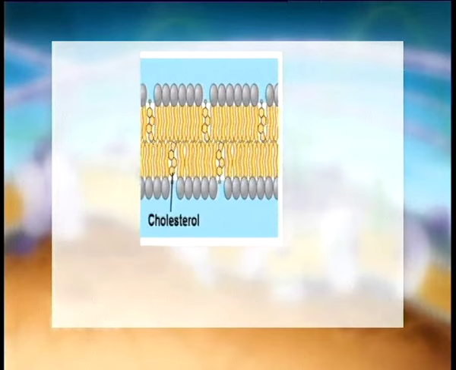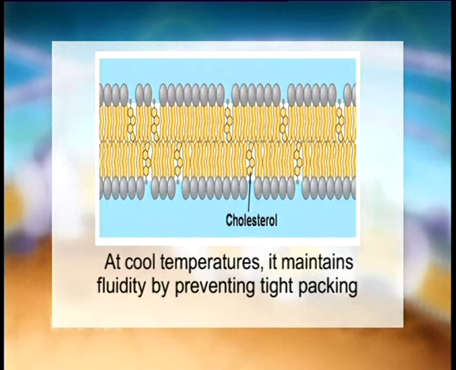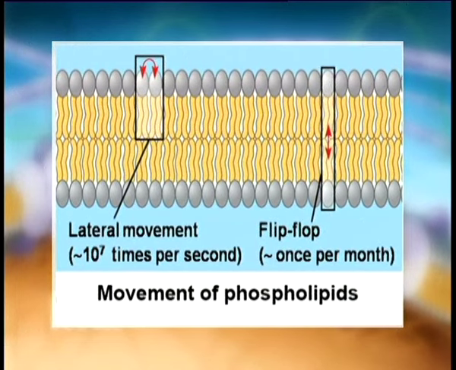At cool temperatures, it maintains fluidity by preventing the tight packing. So, phospholipids in the bilayer can move freely within the membrane. Most of the lipids and some proteins drift laterally. Rarely does a molecule flip-flop transversely across the membrane.